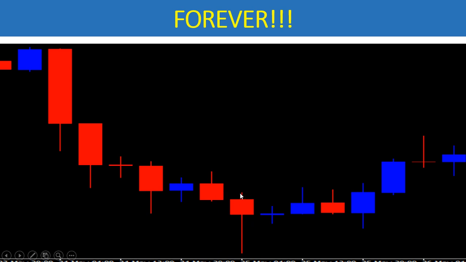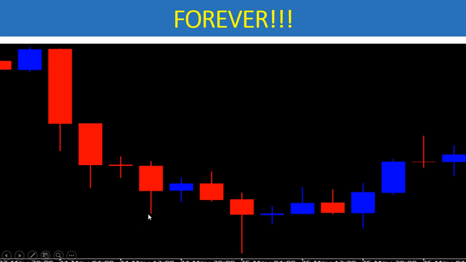So we place our buy stop above this high, and then you can see our market moves significantly to test the next resistance. So it is up to you to use your take profit, but this is a setup for buying. We buy above this pin bar. It is formed at this support level.